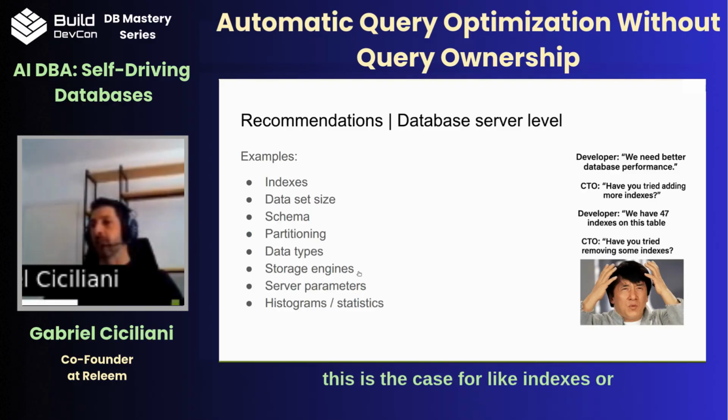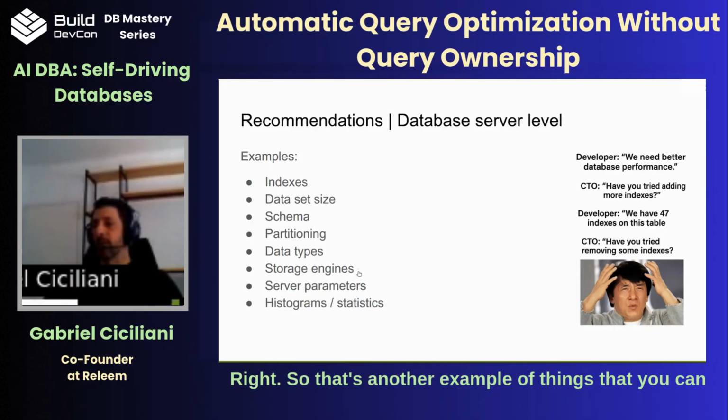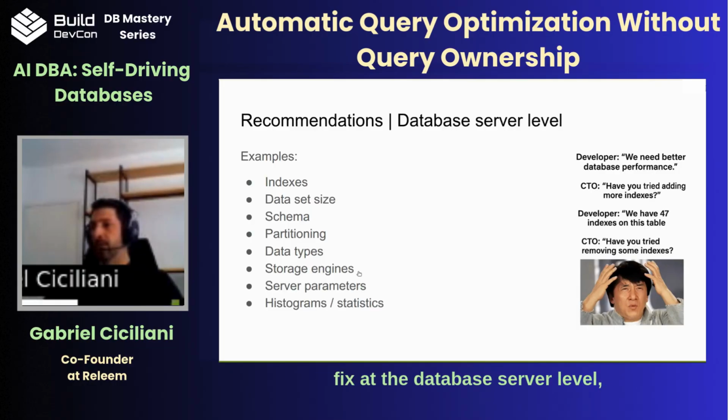This is the case for indexes or partitioning, and also less known scenarios like data type mismatches producing full scans on joins, right? That's another example of things that you can fix at the database server level, mostly without changing anything on the app, and getting that additional performance.